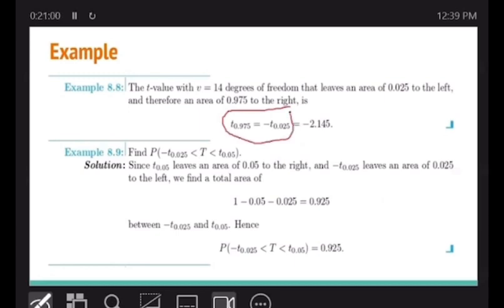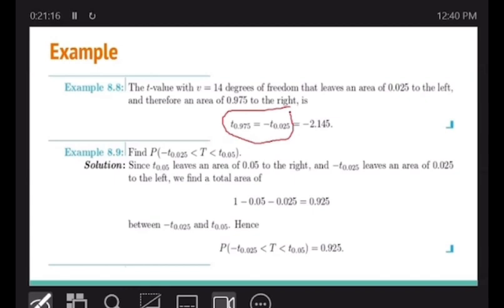In the T table, we don't have these big values. We only have the level of significance, 0.025, and the row. So if I want to check for this, it is going to be the same thing as the negative of the other one.